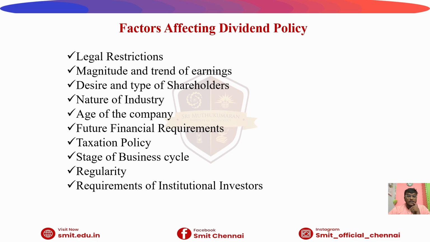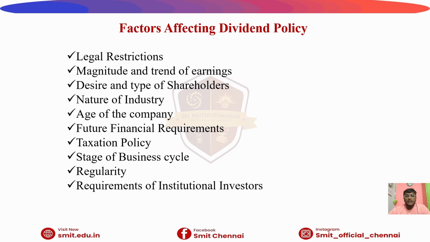Then, factors affecting dividend policy. Many factors influence a company's dividend policy. Number one is legal restriction. Company law may restrict dividend payment if capital is impaired or if profits are insufficient. Then magnitude and trend of earnings, stable and growing earnings support regular dividend.